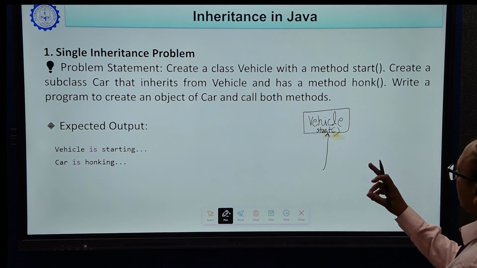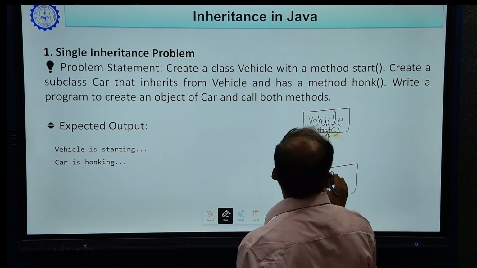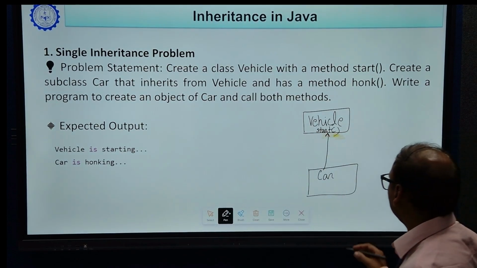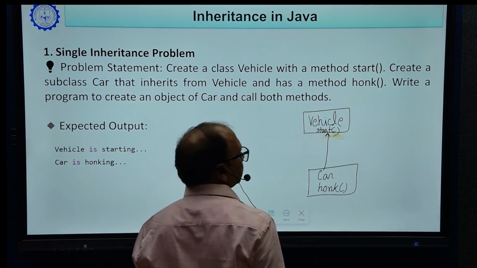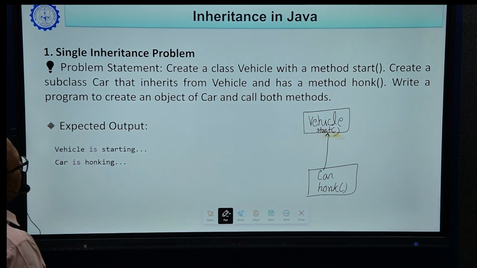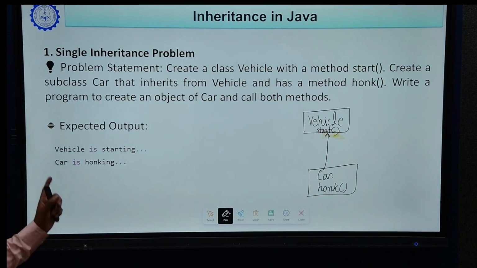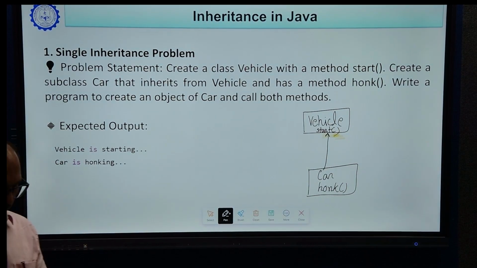Create a class car that inherits, and we have to define a method honk in this class, right? So write a program to create an object of the car class and call both methods. This is the problem given to you. You have to solve this, and the output should be like this: vehicle is starting, car is honking, right?